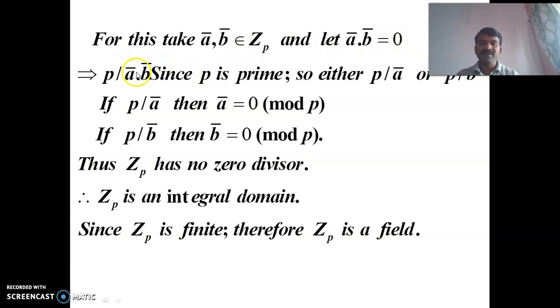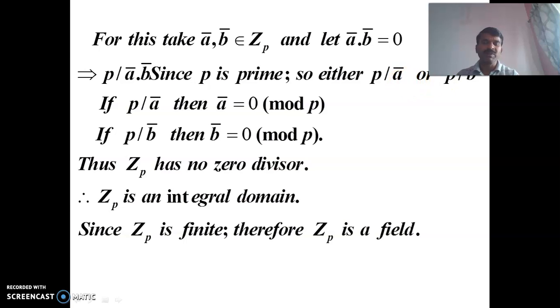Since a dot b is divisible by p, that prime number, because p is prime, that means either a is divisible by p or b is divisible by p.